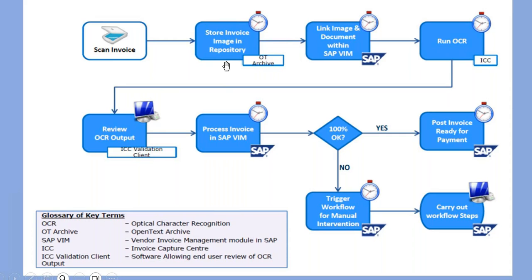Usually during implementation, the content repository or the archive server is created by the basis team. We will integrate it with Vim, where we link the objects, and we can retrieve the invoices at any point in time from the archive server to Vim.